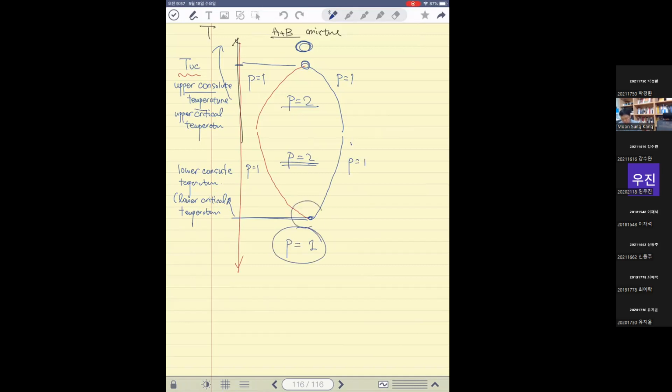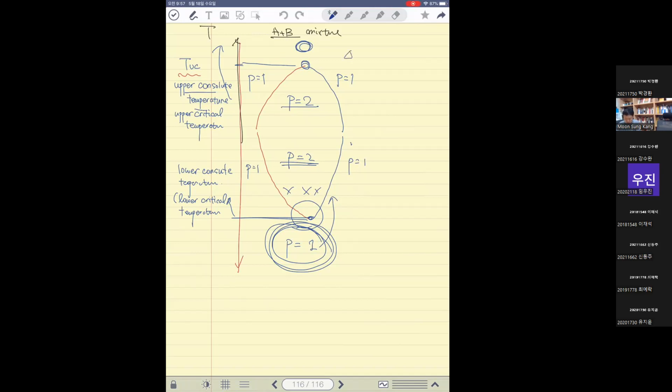And this is somewhat strange. And what does this tell you? It tells you that at lower temperature, they like to be mixed. And as you increase the temperature, they don't like to be mixed. That's something strange. And the origin here is going to be more enthalpic origin.